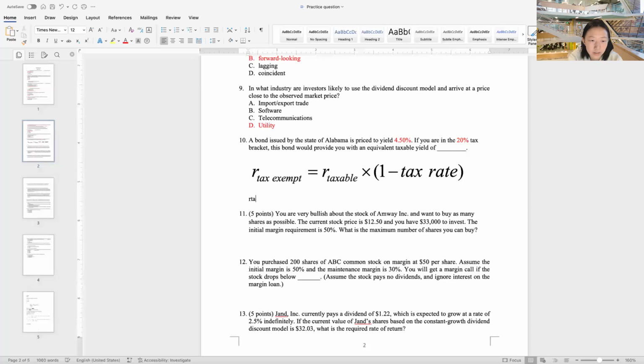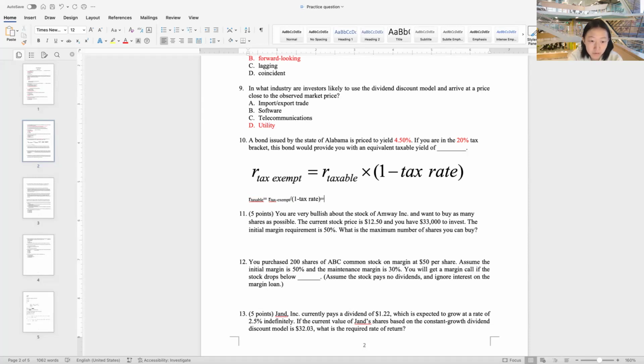R taxable equals, I need to rearrange the formula, the tax-free rate divided by 1 minus the tax rate.